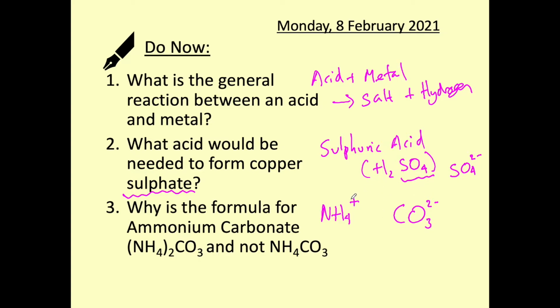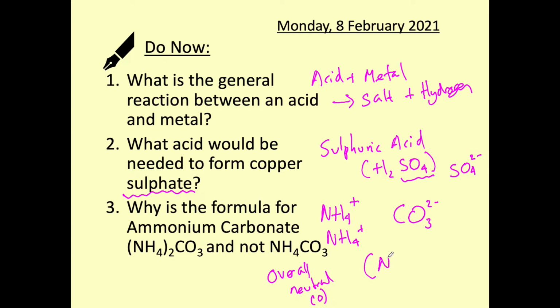So because we've got a 1+ and a 2- charge, we need more of the NH4+ in order to make sure that we have overall a neutral charge, and therefore we're going to need 2 NH4s so that we have a 2+ and a 2- to overall make it equal to 0.